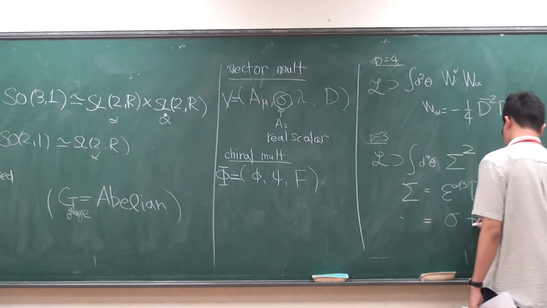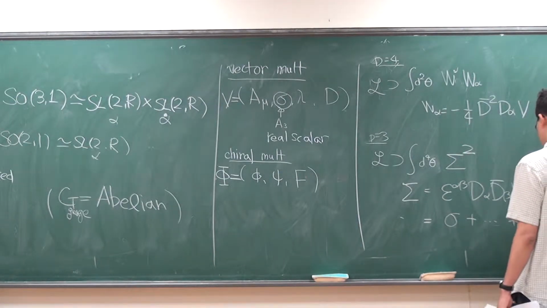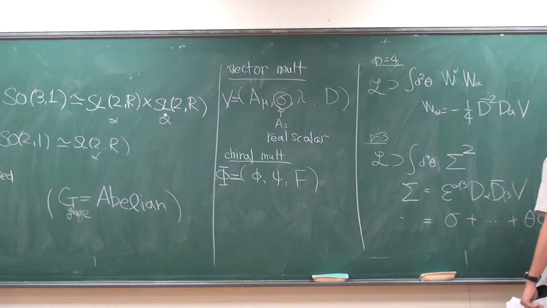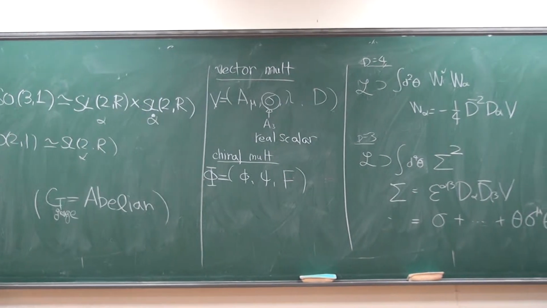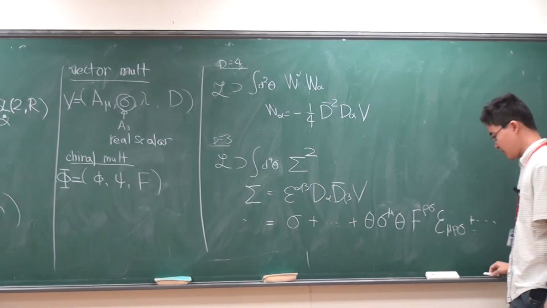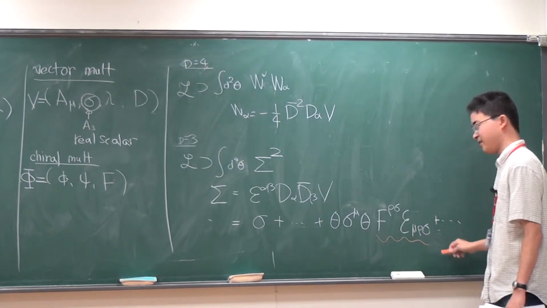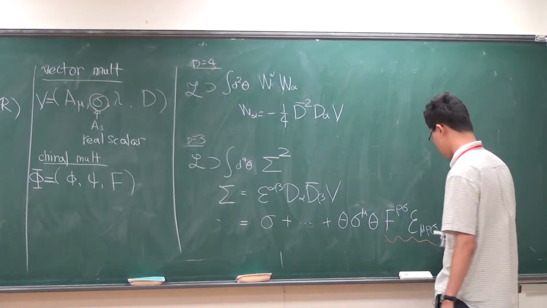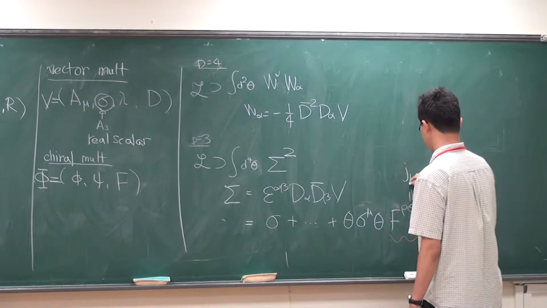And then there are also terms like d sigma, sigma mu, and f rho sigma. So you find that there is some interesting combination which appears, and this thing is actually a very interesting combination. So let's call this, say, J_B.